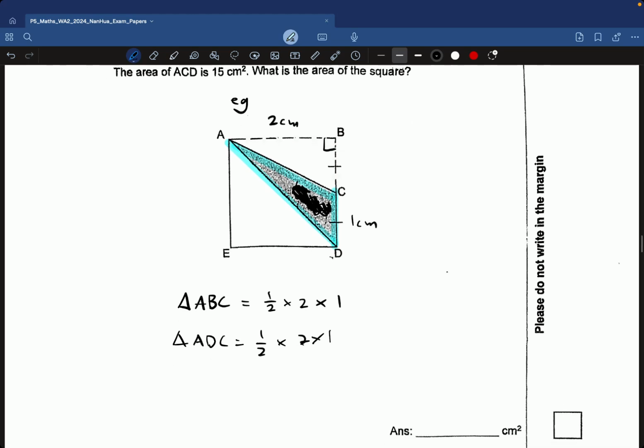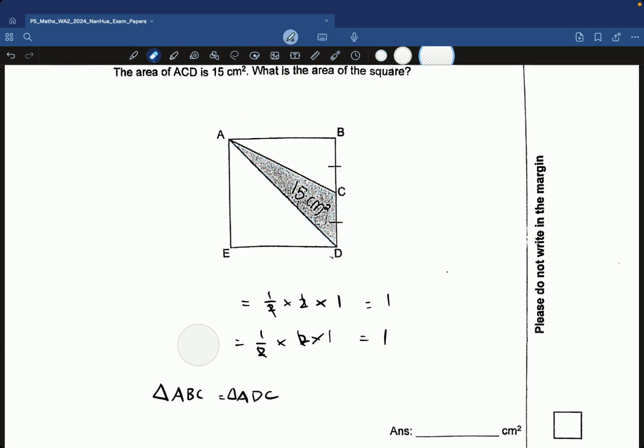If you calculate, we cancel 2, this is 1, this is 1. So the area ABC is equal to ADC from this simple example. So if I remove everything else, that's what you see over here.